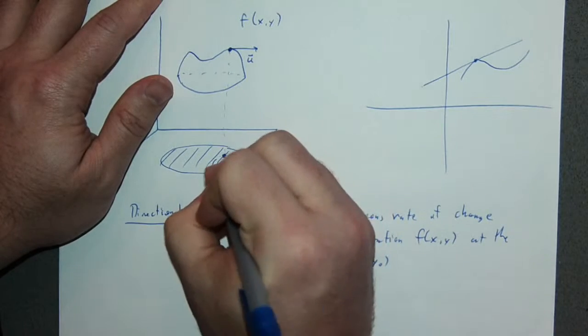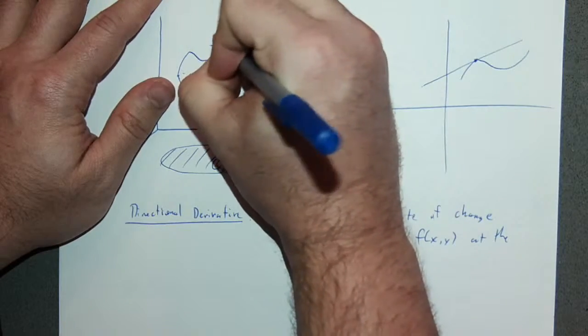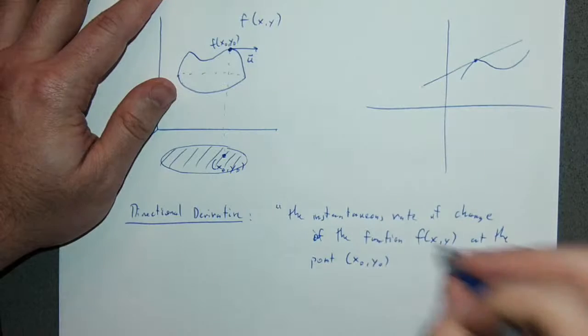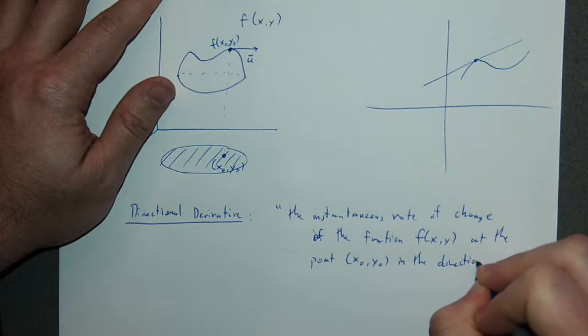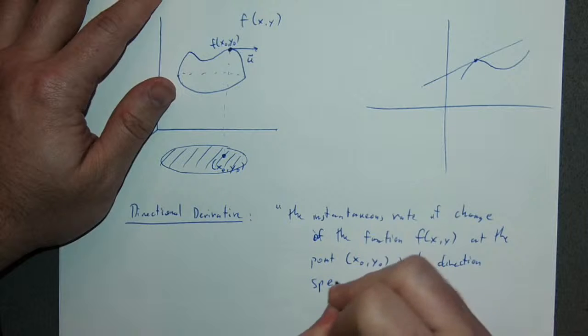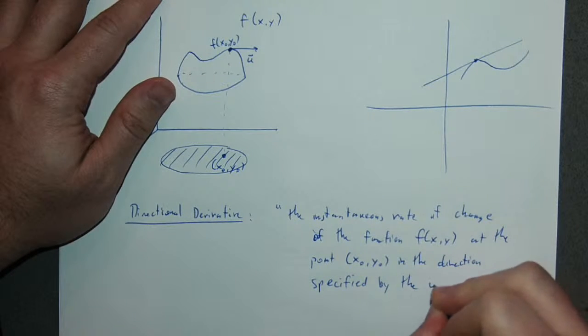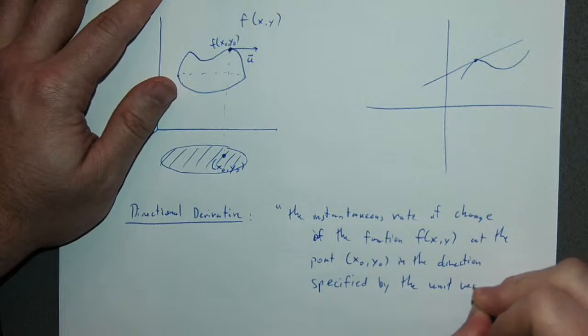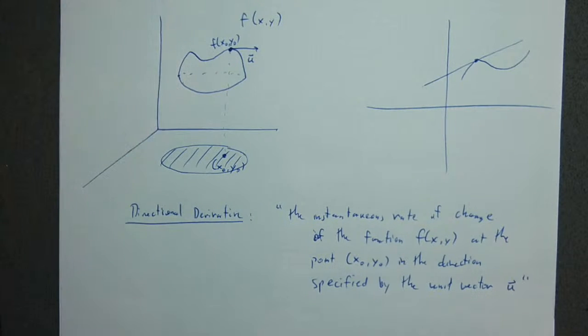So here's my x naught y naught, and this point is f of x naught y naught, in the direction specified by the unit vector u. Okay, so this is the thing that I want to compute.